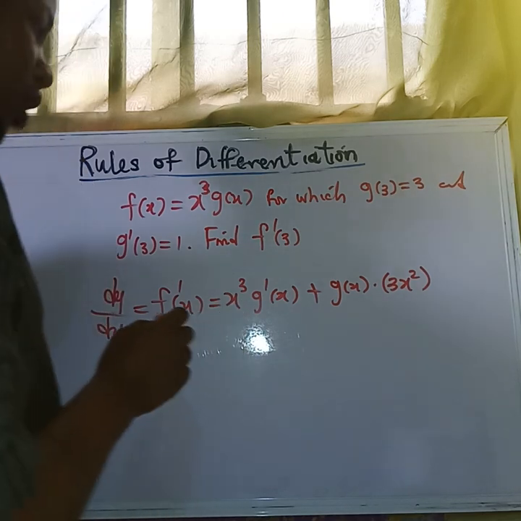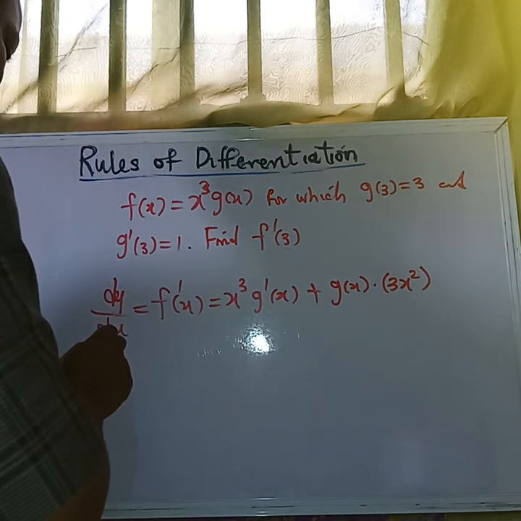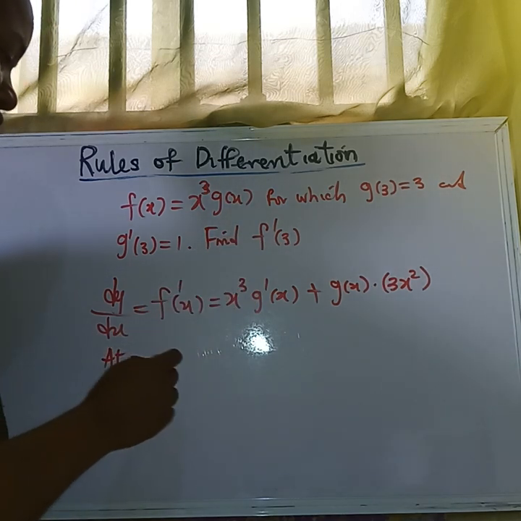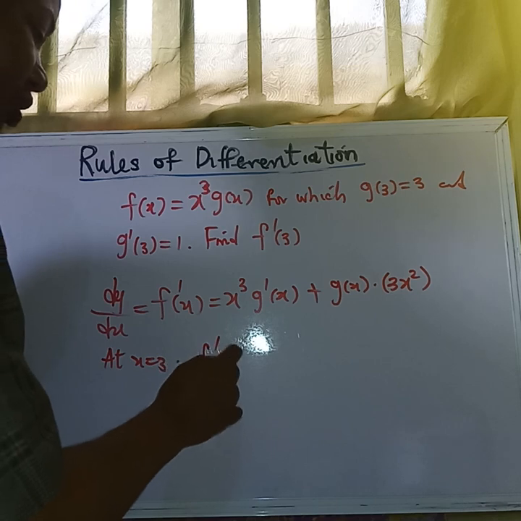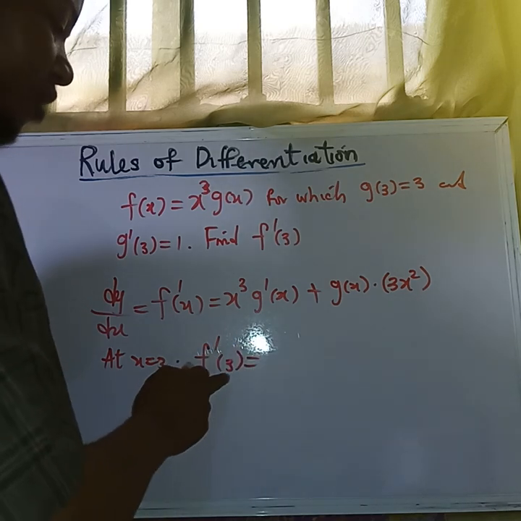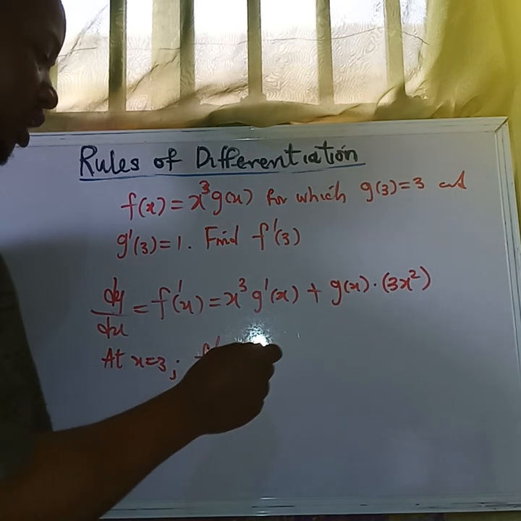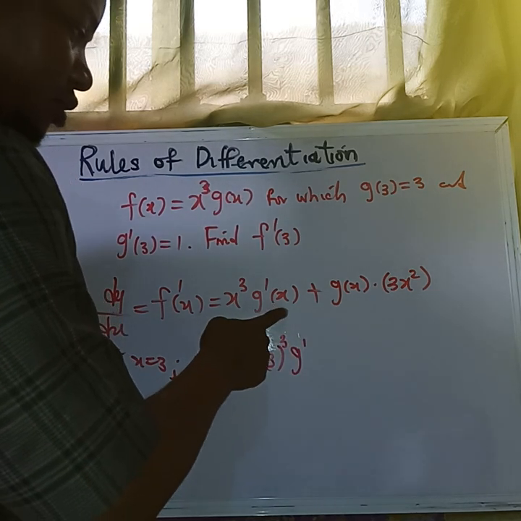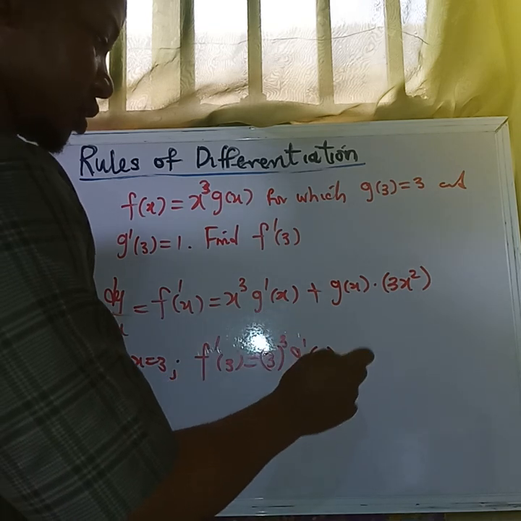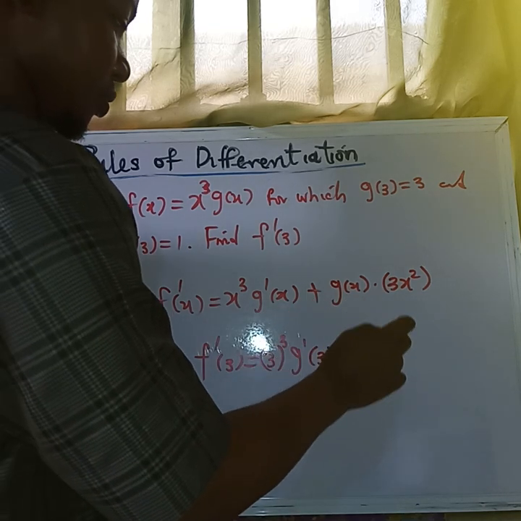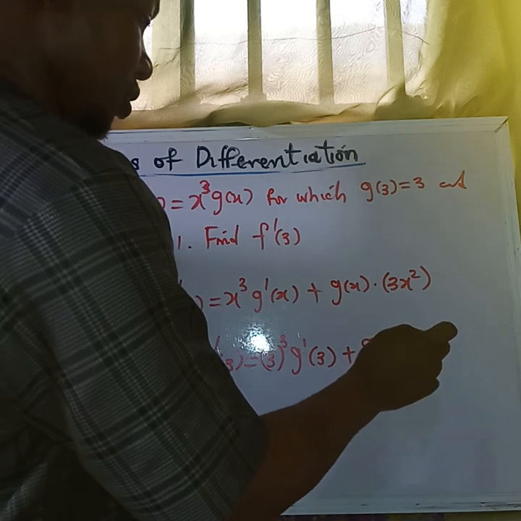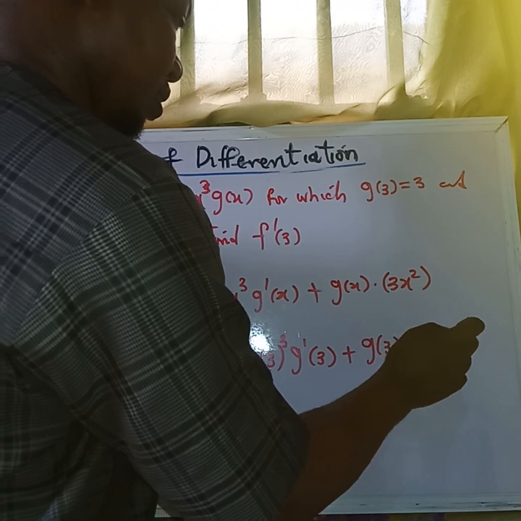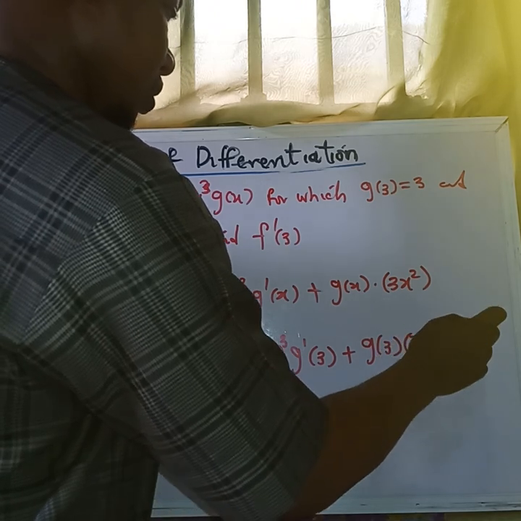So if at x equal to 3, as given here, we can find the slope f prime of 3. Wherever we see x, we put 3. As you can see, this is x, so we are putting 3 there, again 3 here, and this is 3 multiplied by 3 squared.